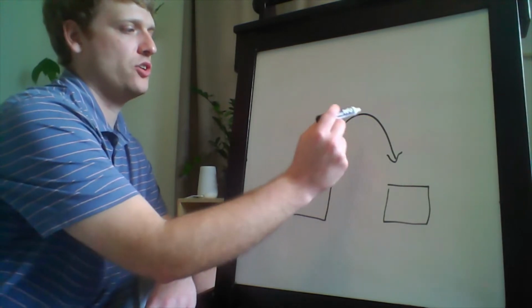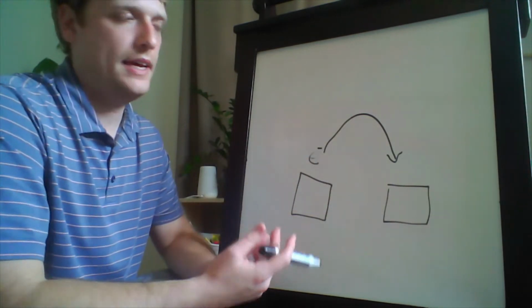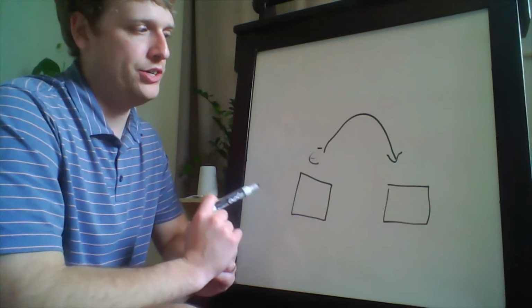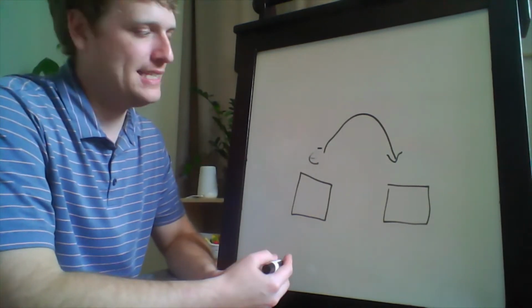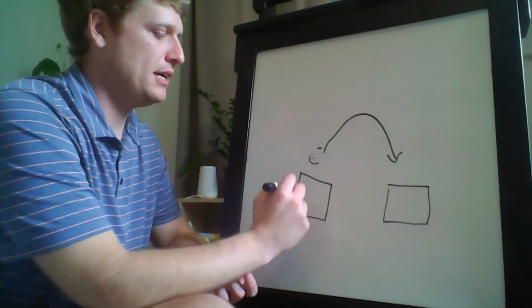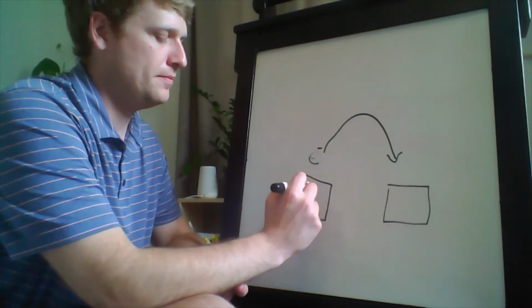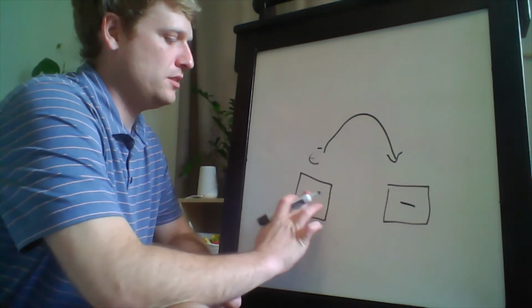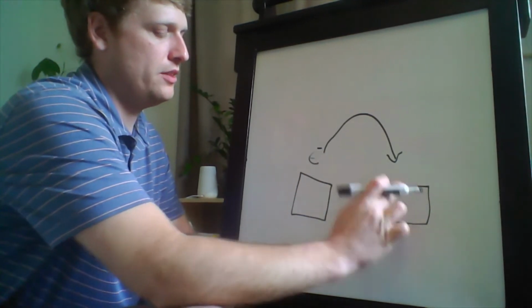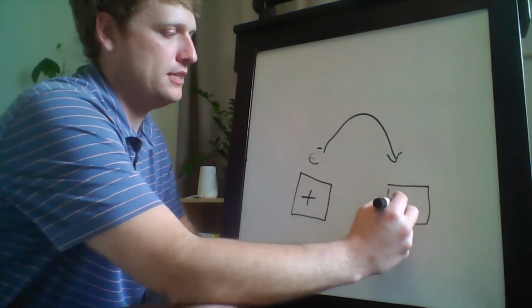And as that electron moves, it can release energy, and that energy can be used to do work. If you think about what's happening inside of a battery, there's a plus side and a negative side. So let's actually draw that the other way. Say this is the plus side and this is the negative side.